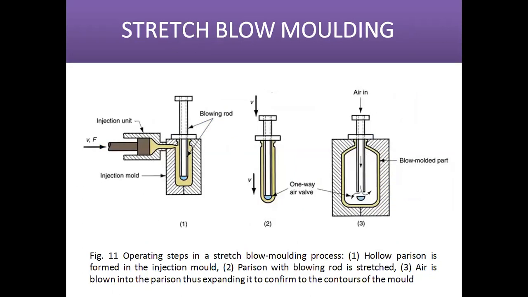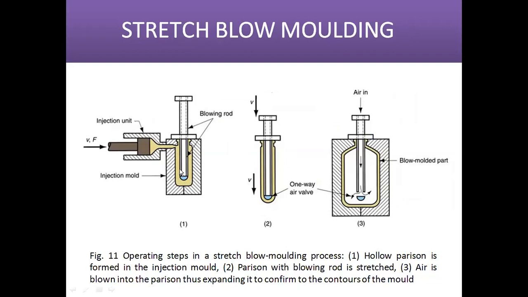Next, we come to the stretch blow molding process. In the stretch blow molding process, there is an injection unit, and through this injection unit we inject the plastic melt into the mold cavity, and then we form the hollow parison.